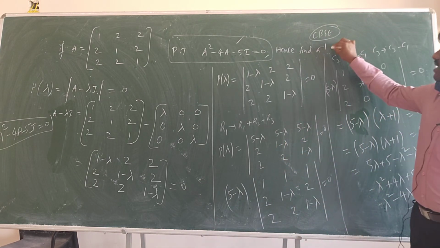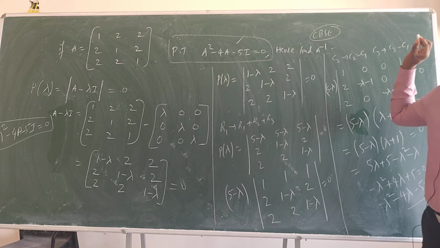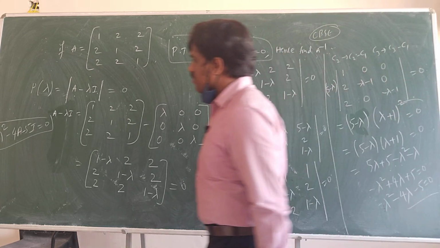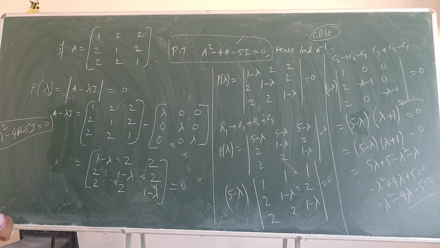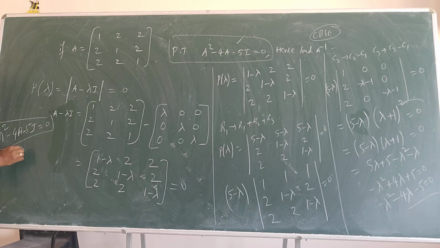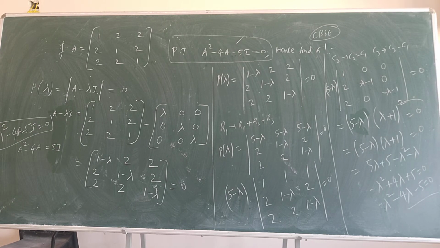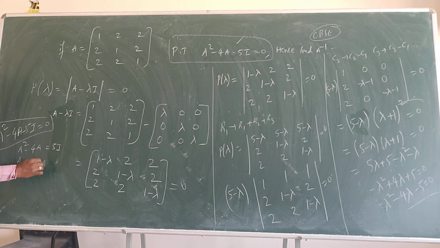Now, what you have to find? Find A inverse. So if you want to find A inverse, A square minus 4A minus 5I, send the constant to that side. A square can be written as A into A minus 4A is equal to 5I. Multiply A inverse on both sides, pre-multiply.